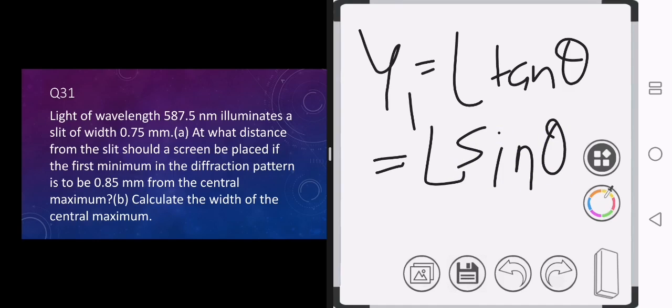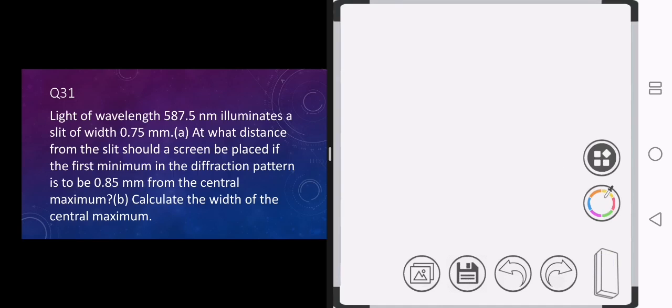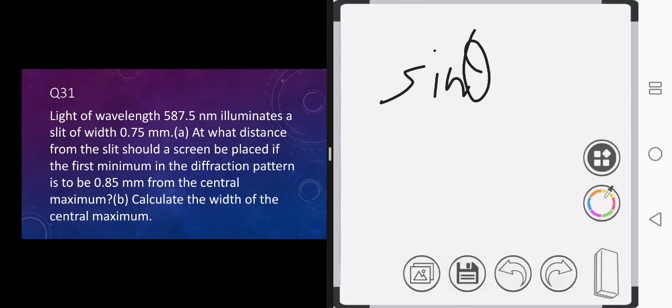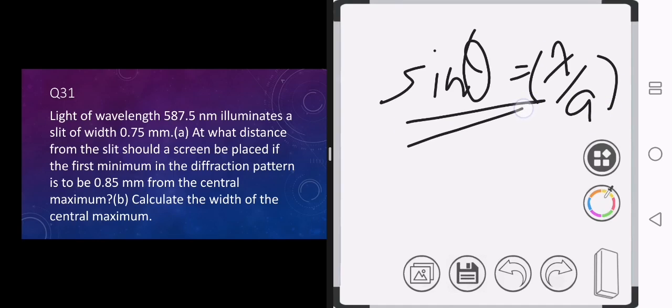And when it becomes very small, we replace sine theta with lambda over A. This is not magic, this is just the trigonometry rule. So lambda over A.